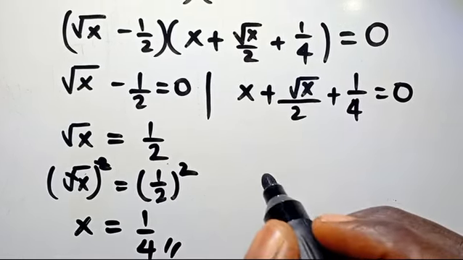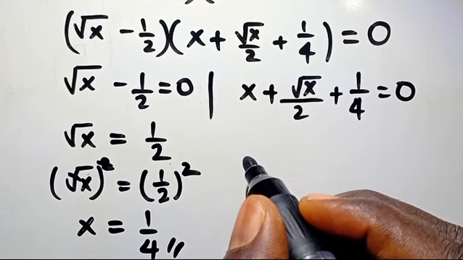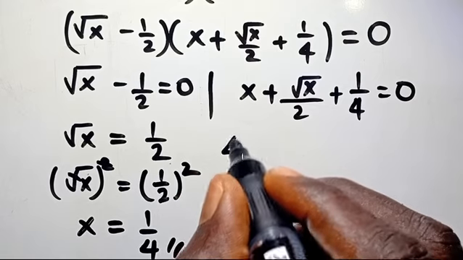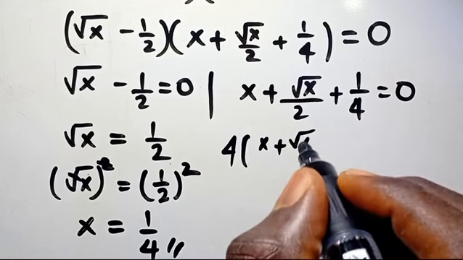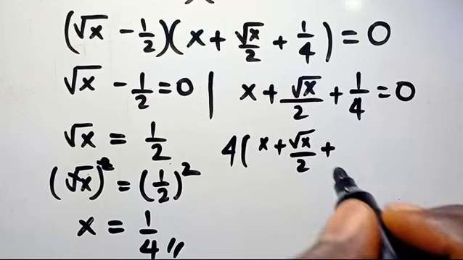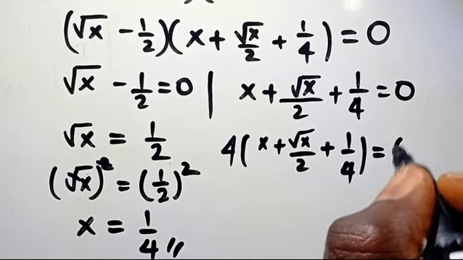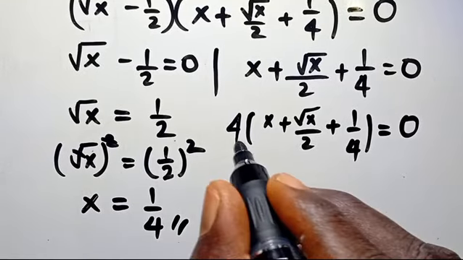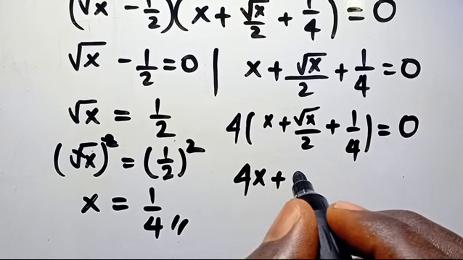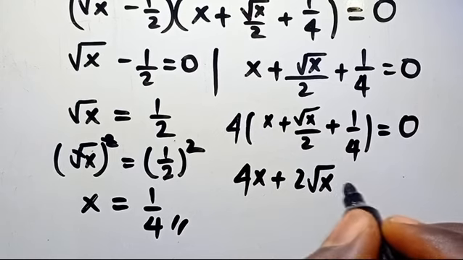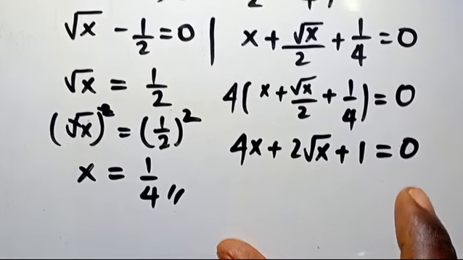Now from here, let's multiply by 4. So here will be 4 times (x plus root x over 2 plus 1 over 4) equals 0. This time this will be 4x, this will be 2 multiplied by root x, and this will be 1, equals 0.